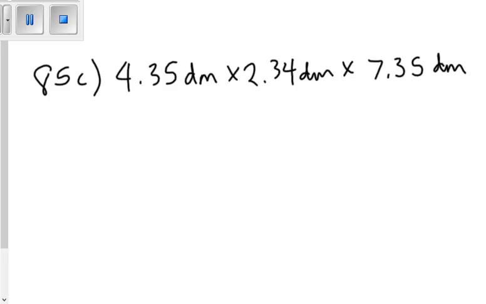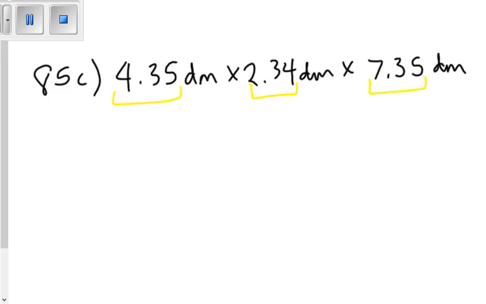So now in this problem, we want to look at our significant figures, and when you're multiplying or dividing, your answer has to have the same significant figures as your least precise measurement. So this wasn't really a good example to give you guys because all of these have 3 significant figures. So your answer is going to have 3 significant figures as well.